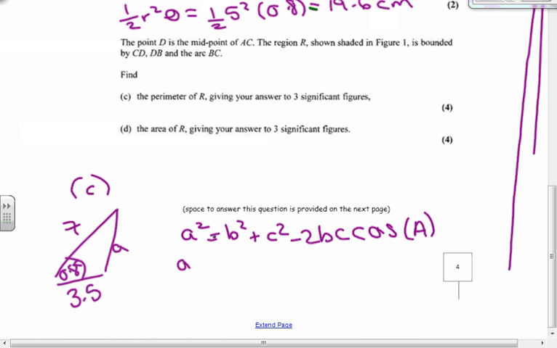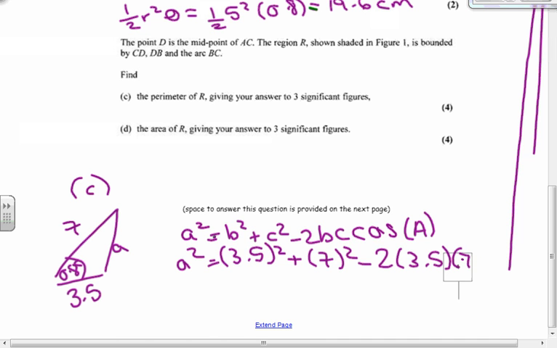So that's a squared is equal to 3.5 squared plus 7 squared minus 2 times 3.5 times 7 times cos of 0.8 radians. So making sure your calculator is set to radians, when you type that in, you should get 27.11137124.